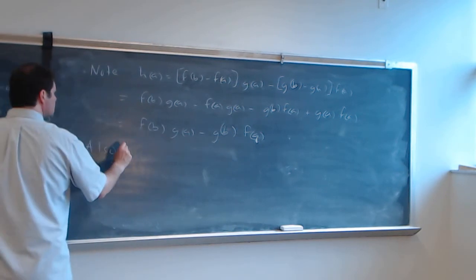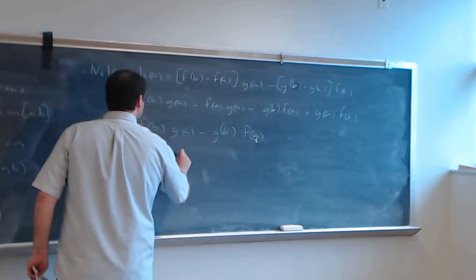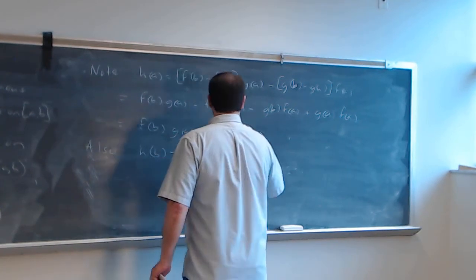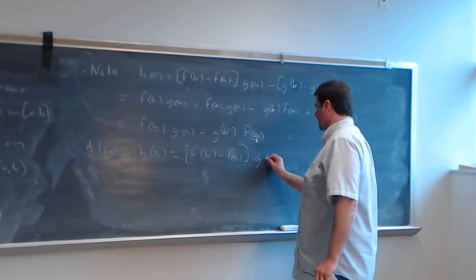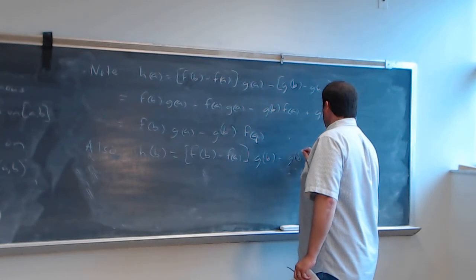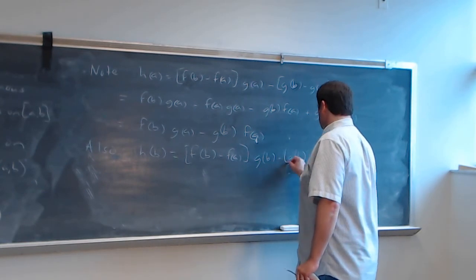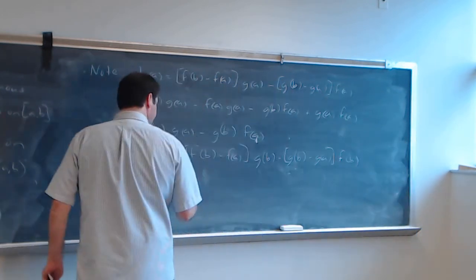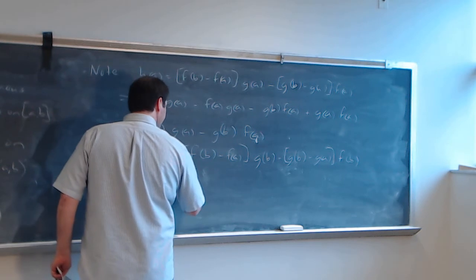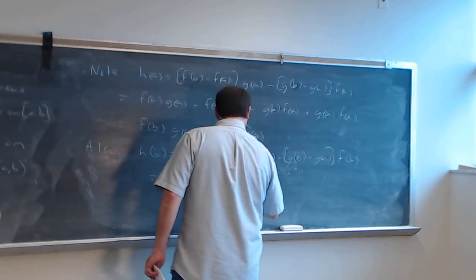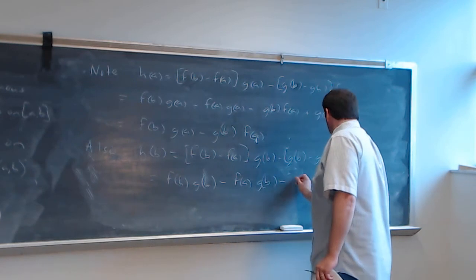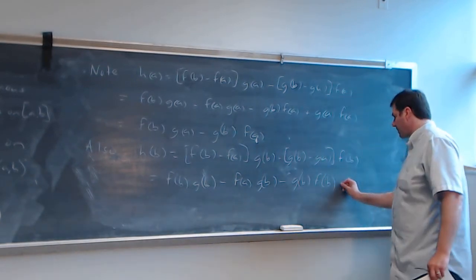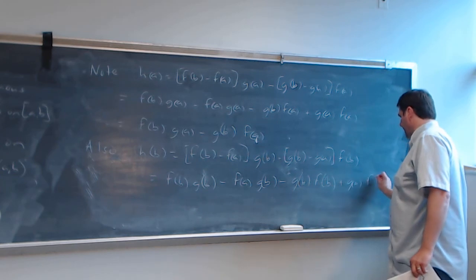Also, if we look at h of b, that's going to be equal to f of b minus f of a times g of b, minus g of b minus g of a times f of b. Distributing, we have f of b g of b, minus f of a g of b, minus g of b f of b, plus g of a f of b.